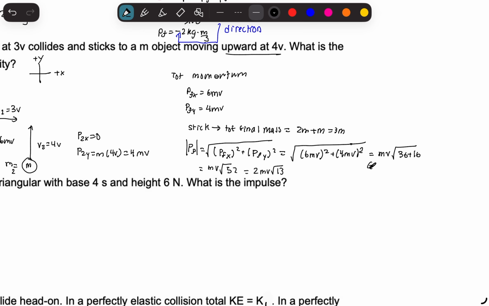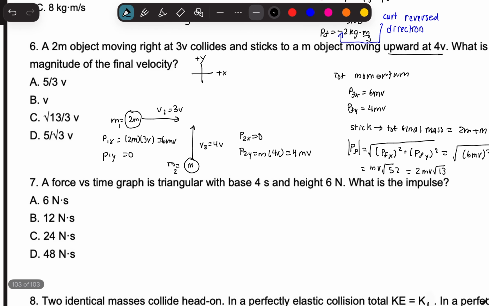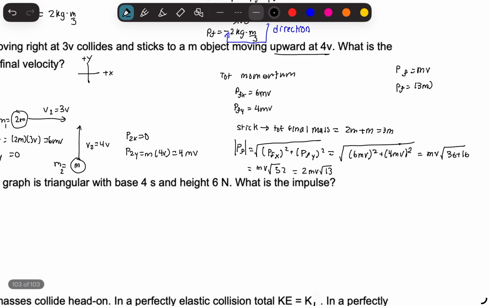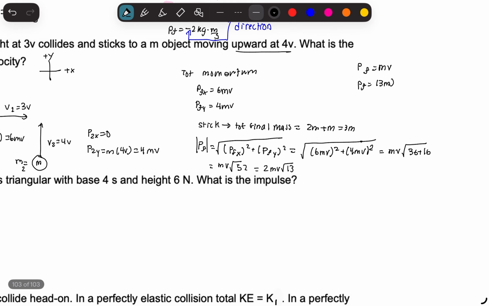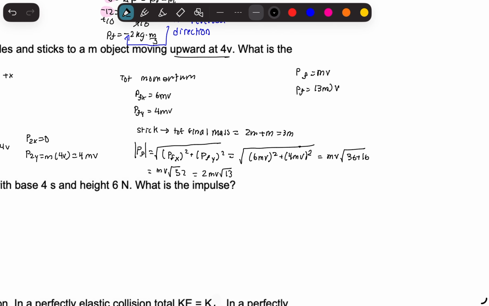Now, if we use that pf is equal to mv, we can write pf is equal to 3m for the object times vf. 3m vf is equal to 2m v root 13.